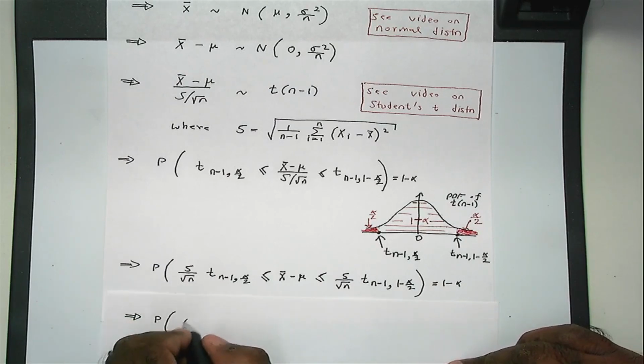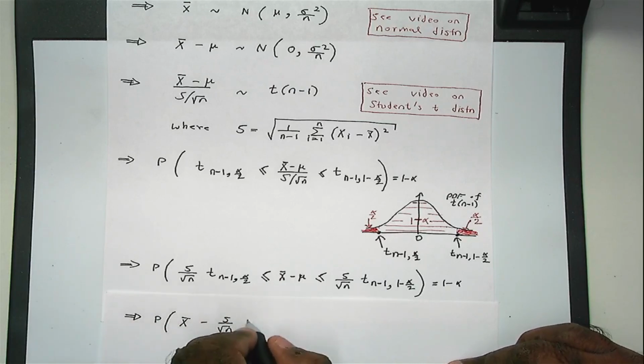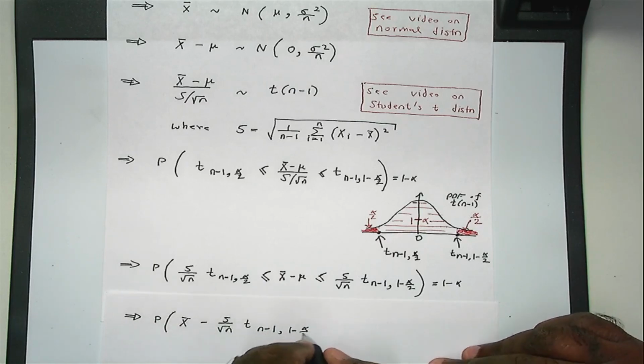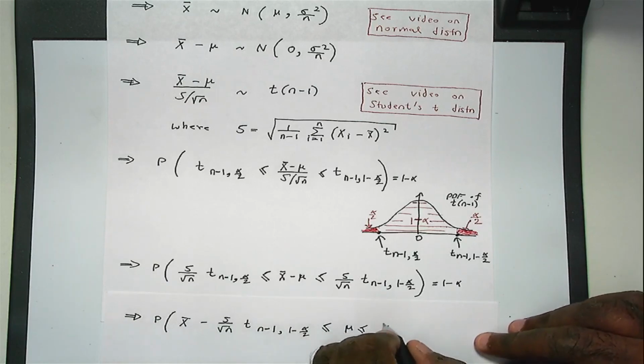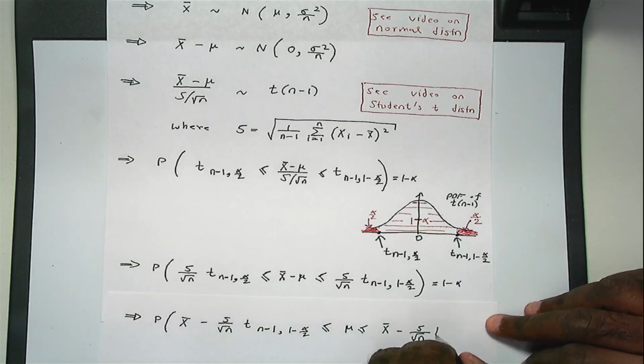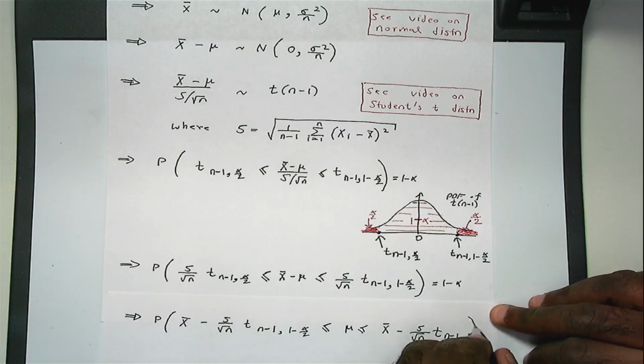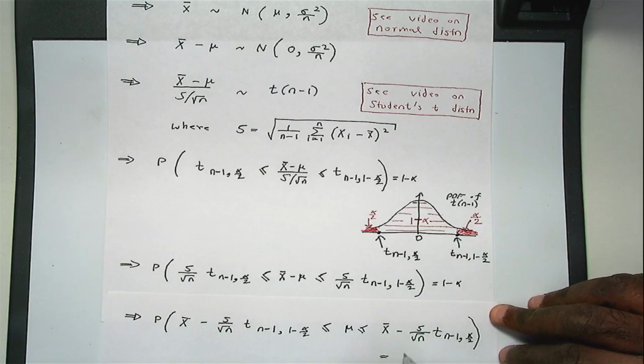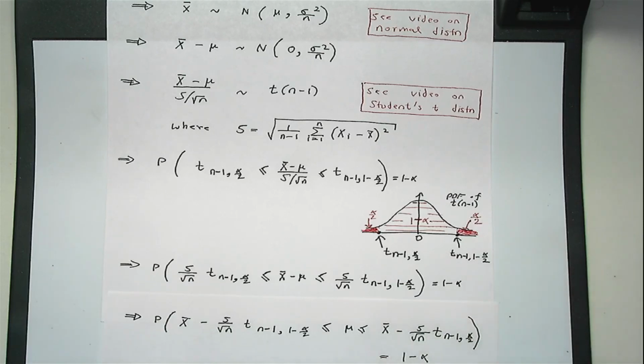As a statement on mu, this will be the probability that x bar minus s over root of n T n minus 1. This is what you get. Now, in the next step, I'm going to use the symmetry.